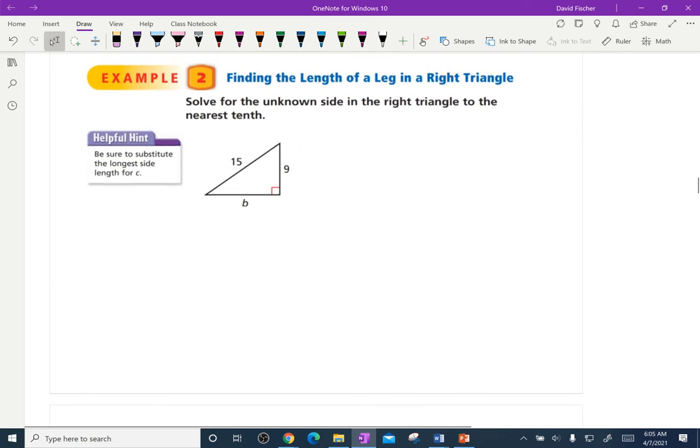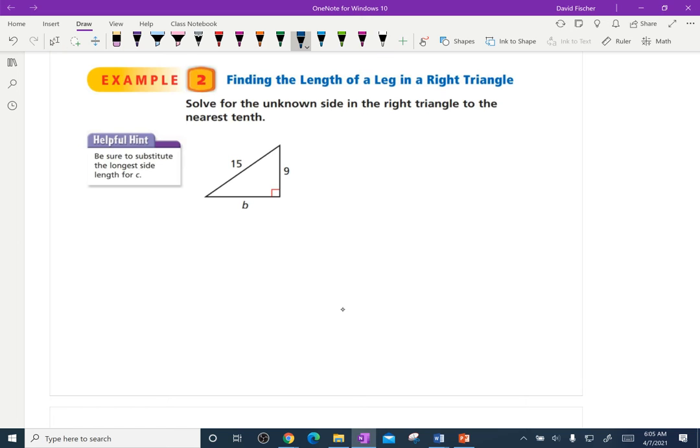Now we have a little bit of a problem, because now one of the legs is missing, but it's still not that hard. This is where algebra skills come in. So I got 9 squared, because that's one of my legs, plus b squared, that's my other leg, equals 15 squared. So do your squaring here. I know that's 81. 15 squared, I don't know what that is.